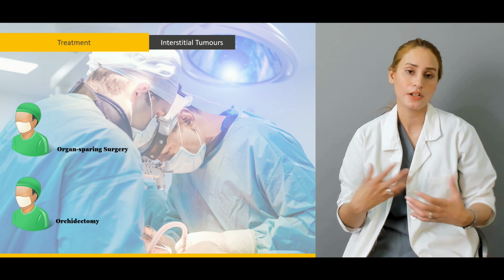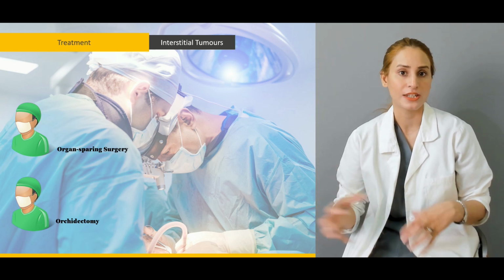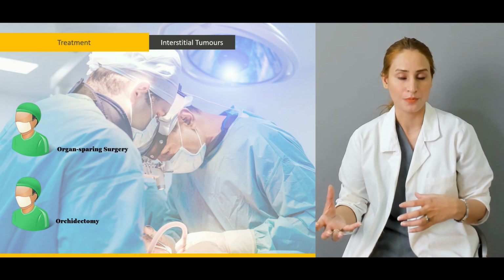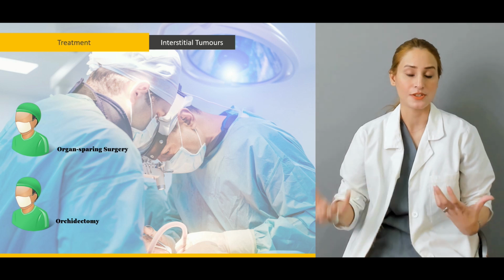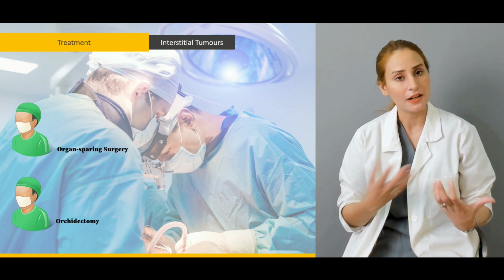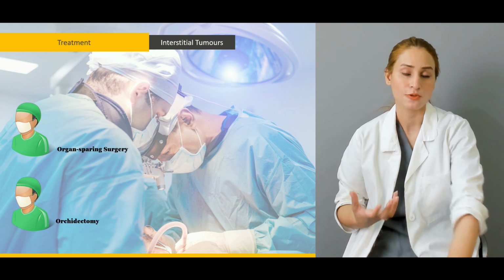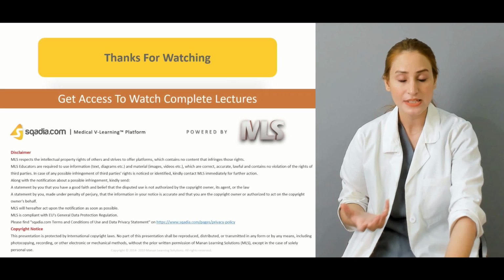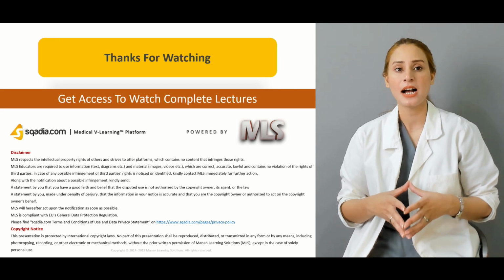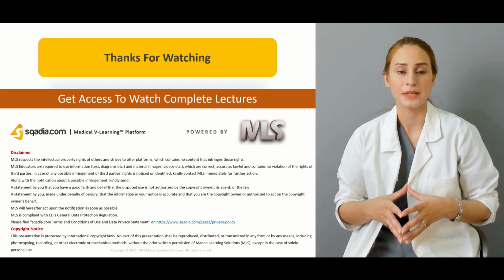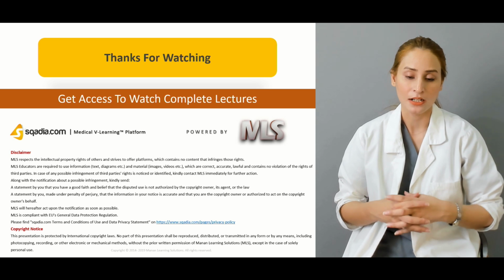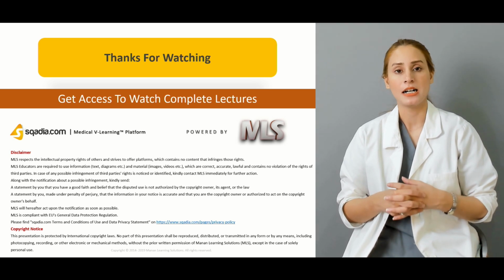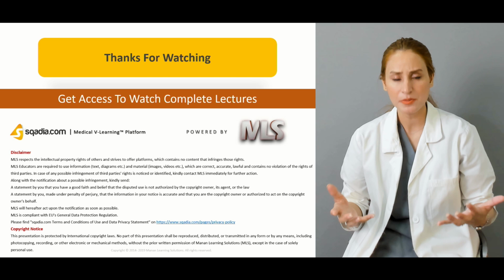So in case of those diseases, you can go for the limited resection of the tumor, not the whole orchiectomy, which is the organ sparing surgery. And obviously, if the tumor has already locally invaded, then you go for the orchiectomy.